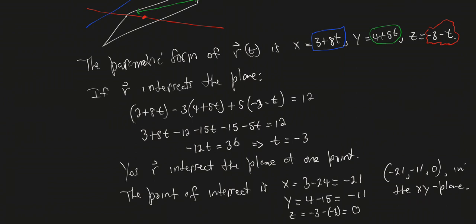Setting up the correct equation, working through the mechanics of getting our value of t, and making sure of how we interpret this. You can almost think of this as when the line intersects the plane, and then this is where the intersection occurs, right? So when and where. Now, the fact that the value of t is negative is not really a problem.